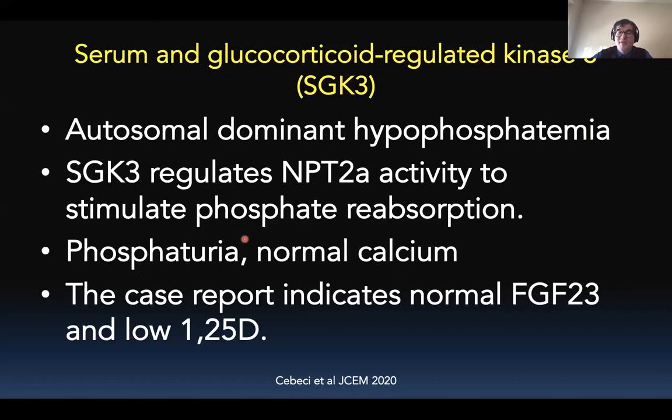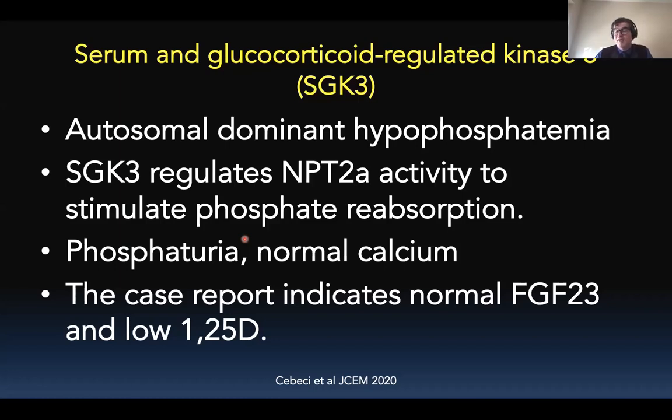The exact mechanism for it causing hypophosphatemic rickets in this population is not, in my mind, entirely clear, but some cell culture-based studies suggested that it upregulates NaPi2A activity to stimulate phosphate reabsorption. And so in the absence of SGK3, that NaPi2A activity is somehow impaired.